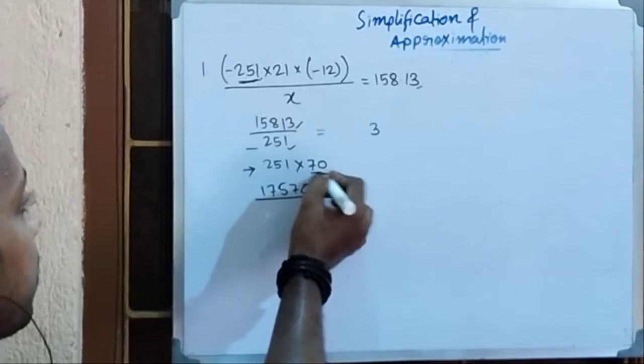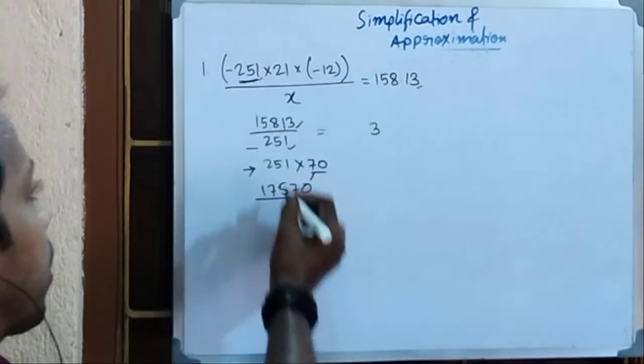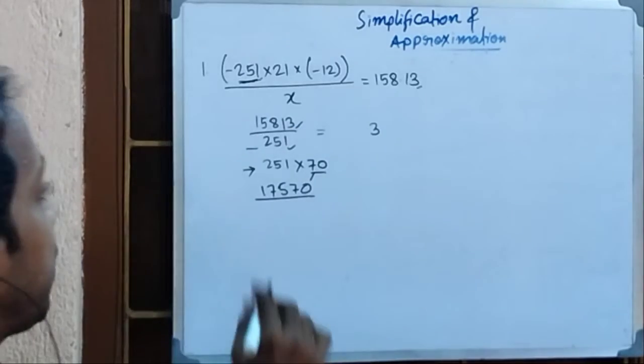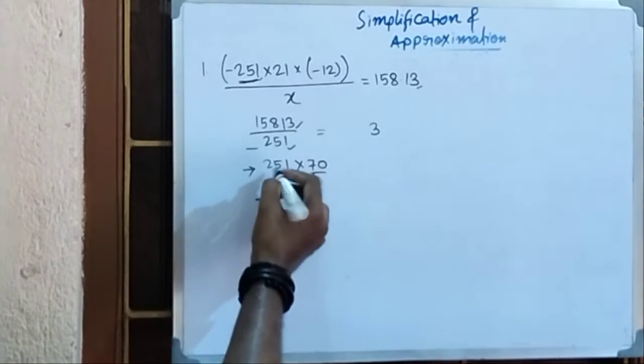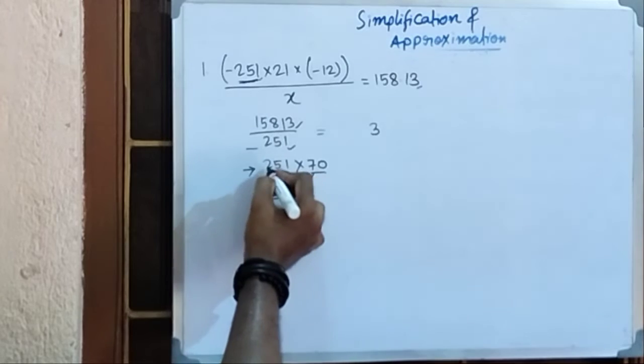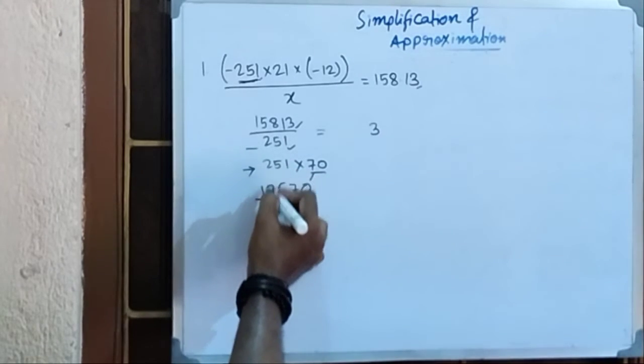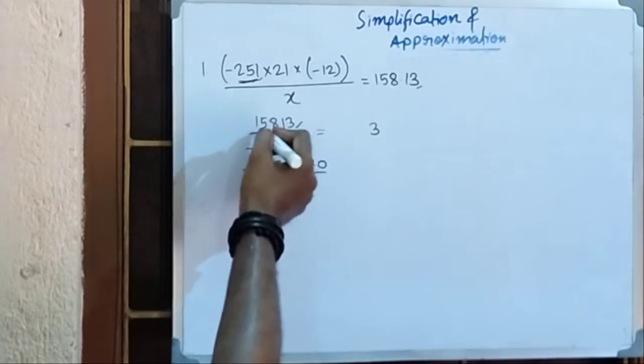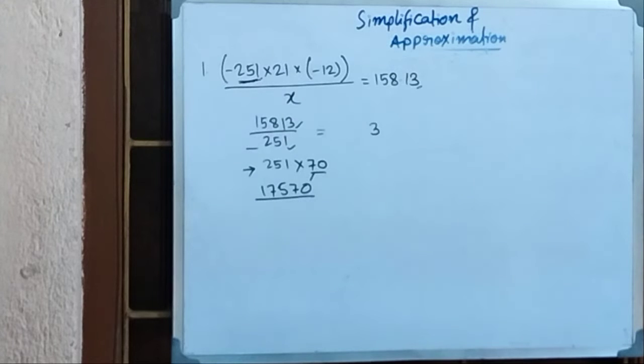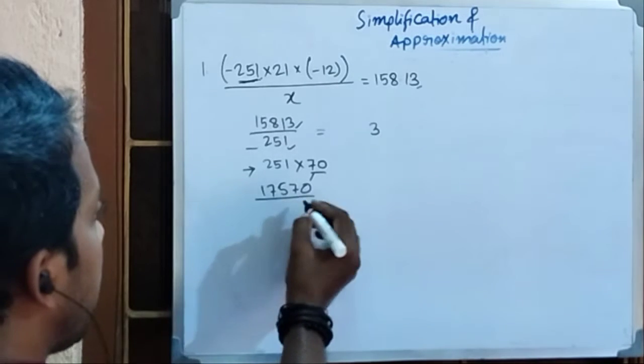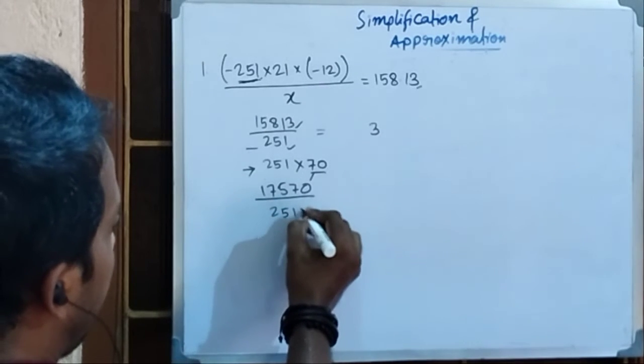Why am I checking with 70 or rather say 7? Because 7 into 4 is close to 15, but I have not earlier checked that 5 into 7 is 35 and 3 carries forward to this, and this will again go beyond this number 15,813. So we will move to the lower part, 251, right?